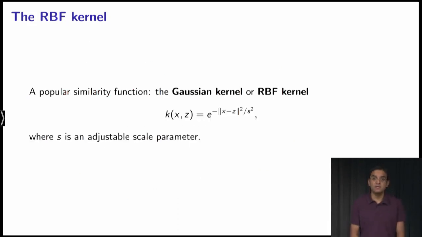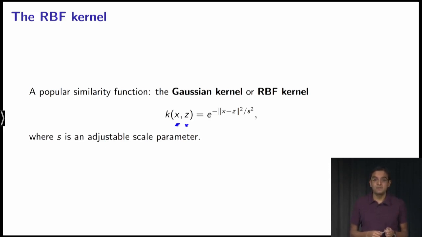So for example, here is a very popular kernel function. It is called a Gaussian kernel, or RBF, radial basis function kernel. And it defines the similarity between 2 points x and z to be e raised to the power of minus the distance between x and z squared divided by a scaling factor s squared.